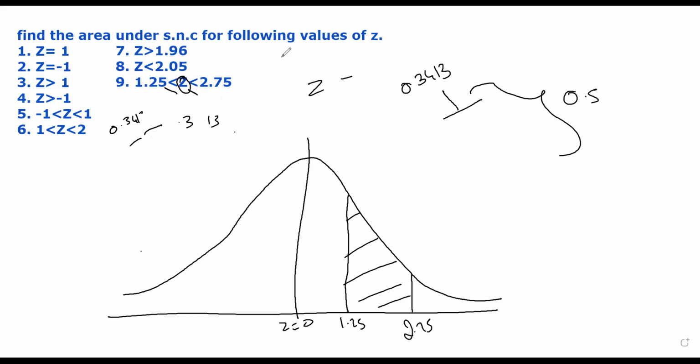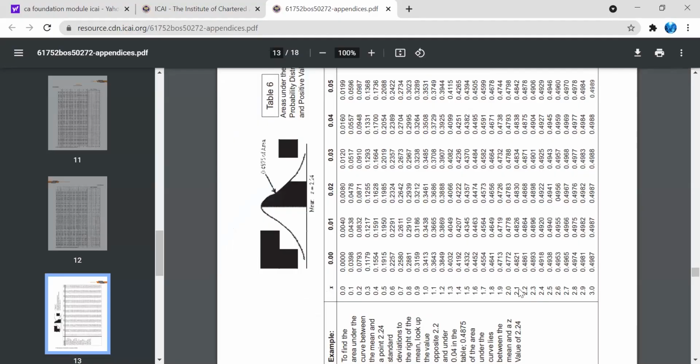Now how to find this area? I will find the area between Z equals 0 and Z equals 2.75 and subtract the area between Z equals 0 and Z equals 1.25. From this whole area we subtract this area and we get the required area. So now let us see what area 2.75 gives. We look at 2.7 and the value under 5.